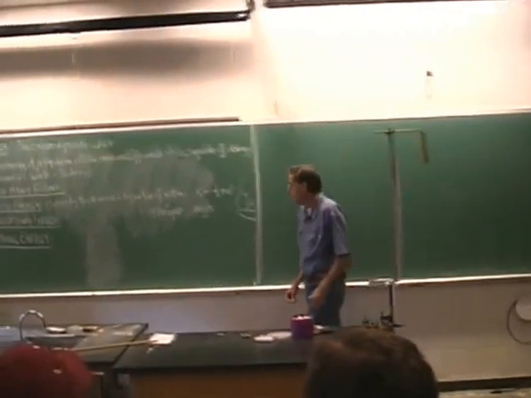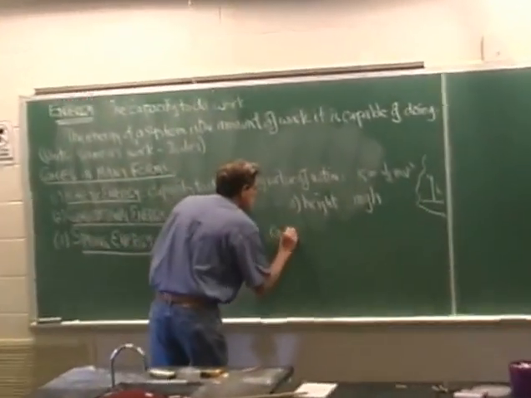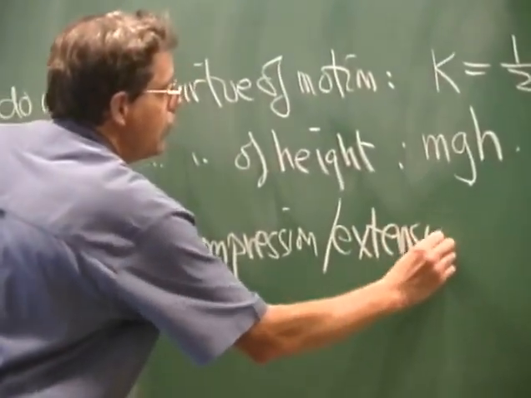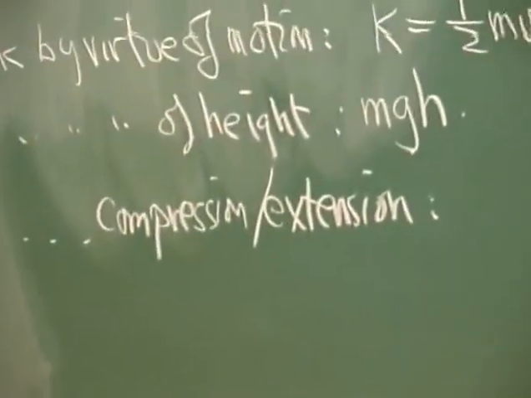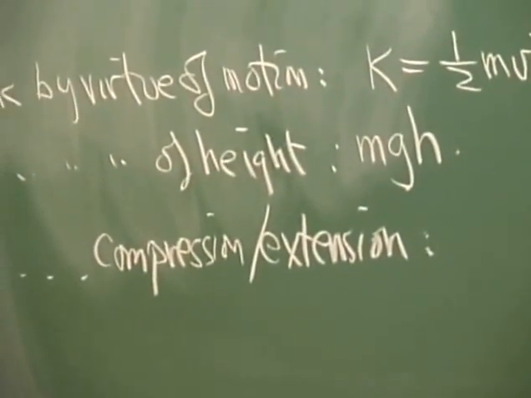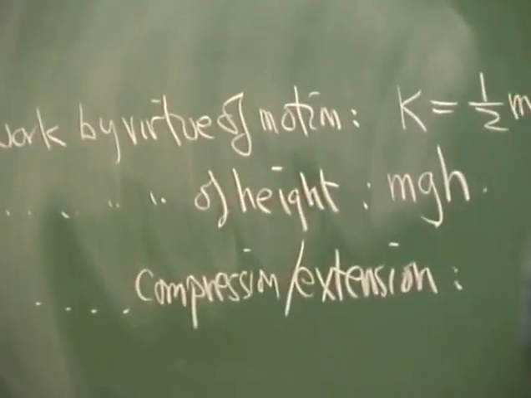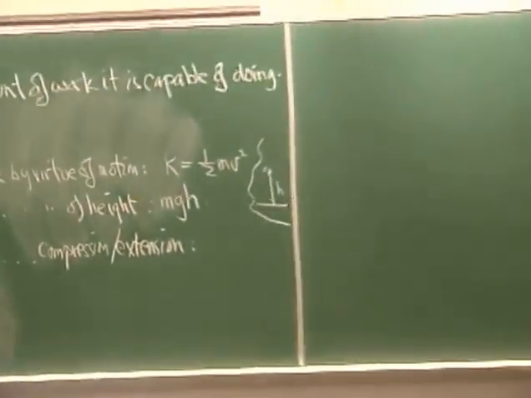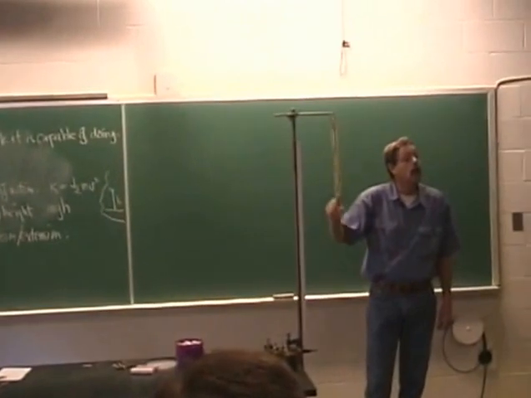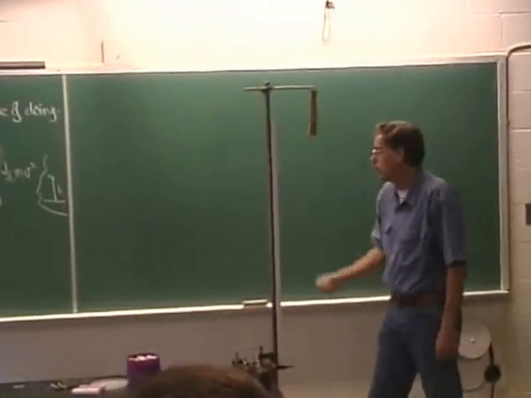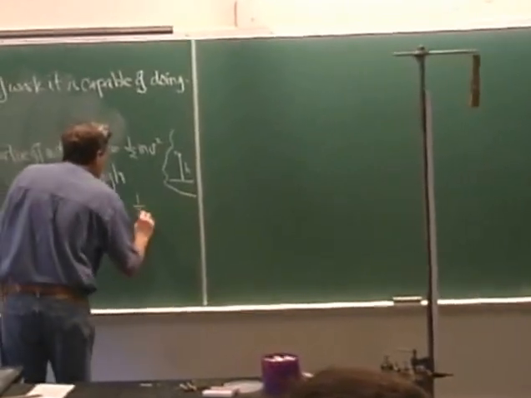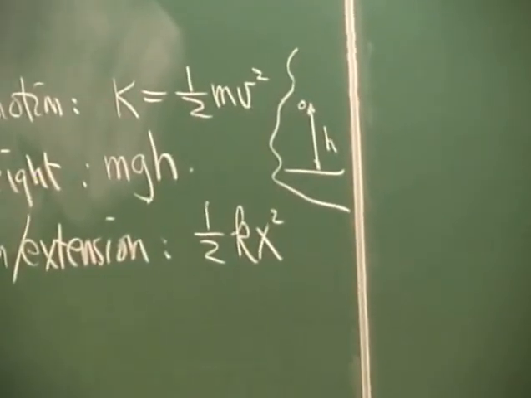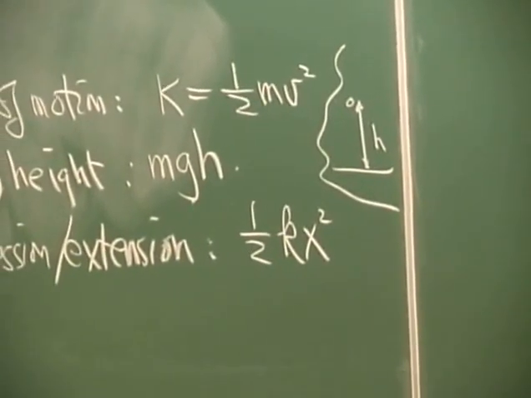If it's compressed, it can too. Do you remember what the formula for that is? The work it takes me to stretch this thing to a certain extent is also the amount of work it is capable of doing, depending on the position. The formula is one half k x squared, where x is the amount of displacement from the free position, the spring's natural length.